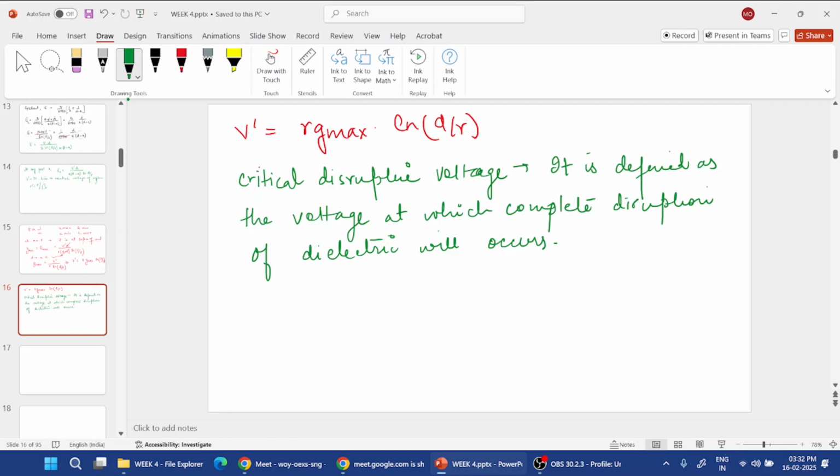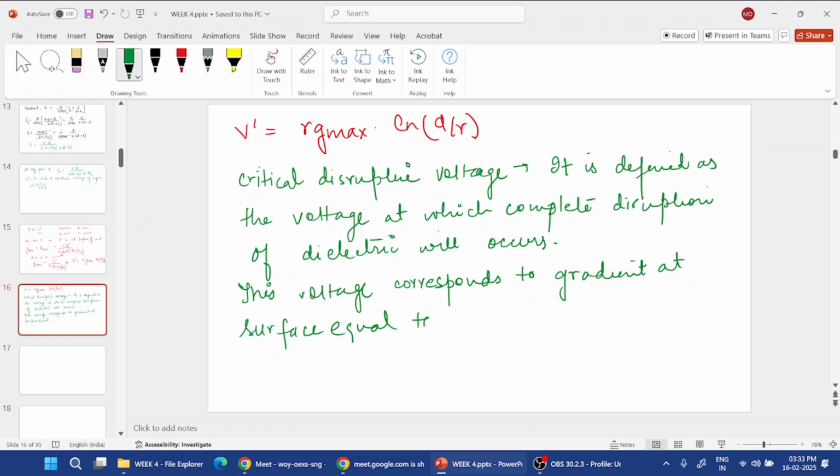And this value or this voltage corresponds to the gradient at the surface equal to the breakdown strength.